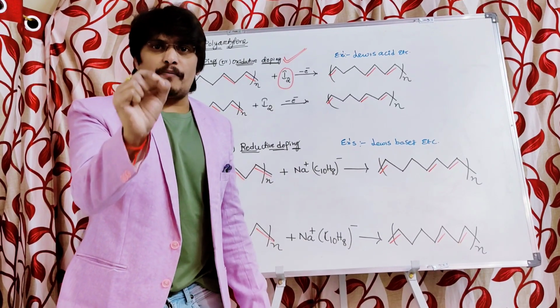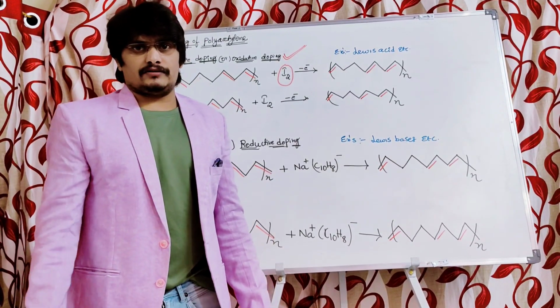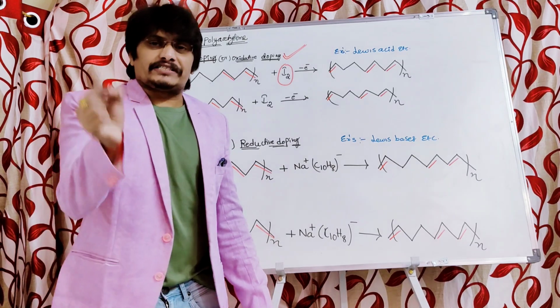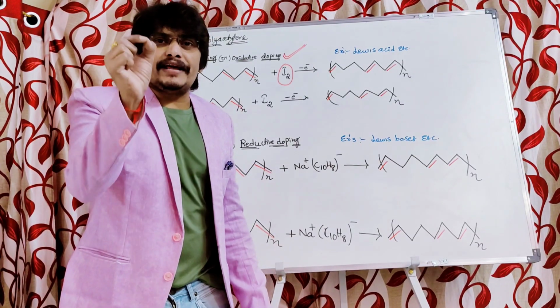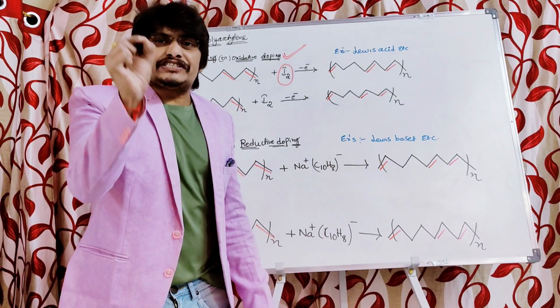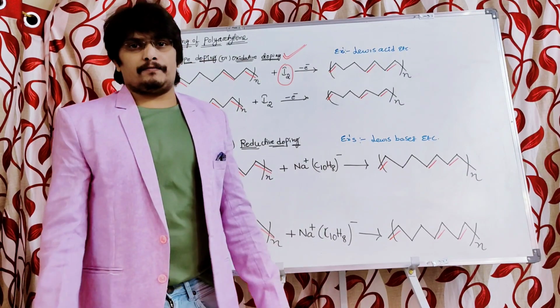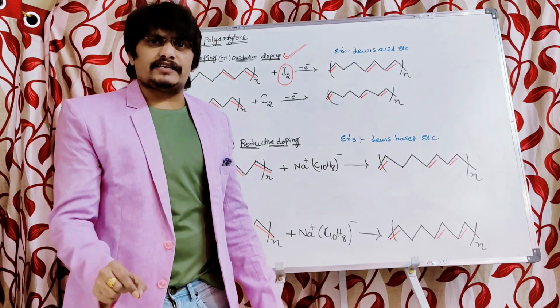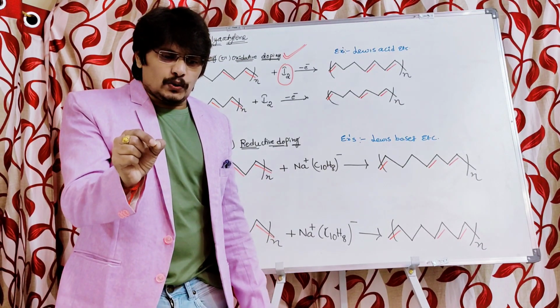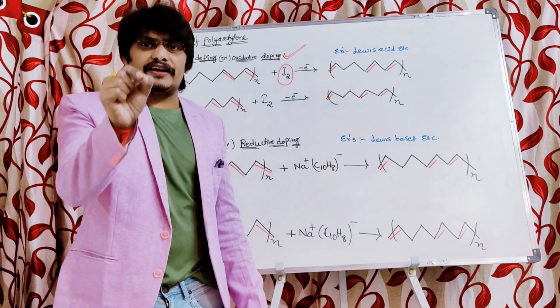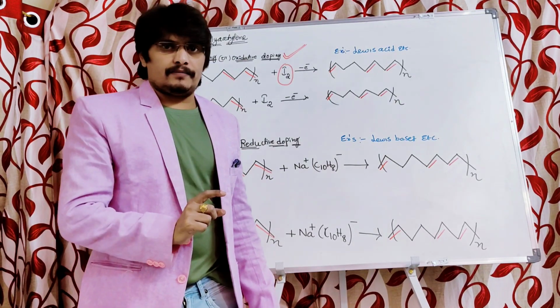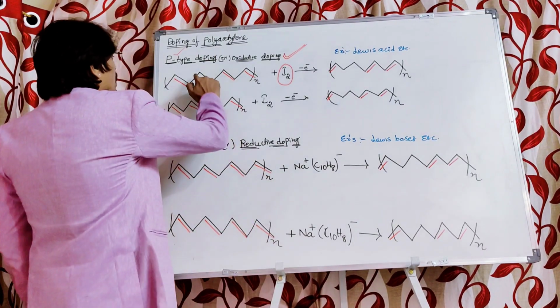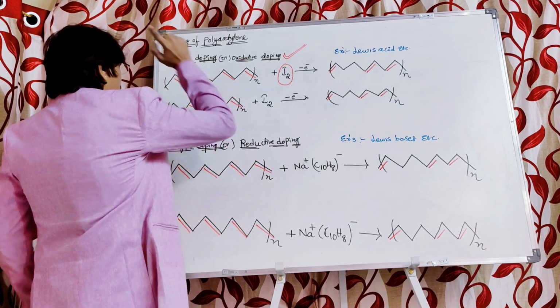Since a bond is formed by the combination of two electrons, this will happen with all the other bonds in the polyacetylene, but in order to specify, I am considering one of the bonds.